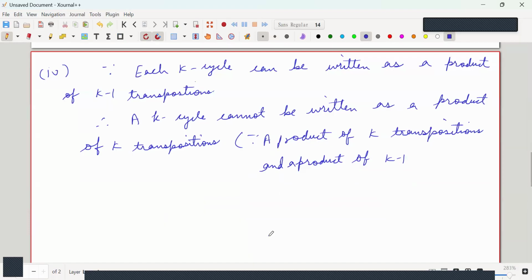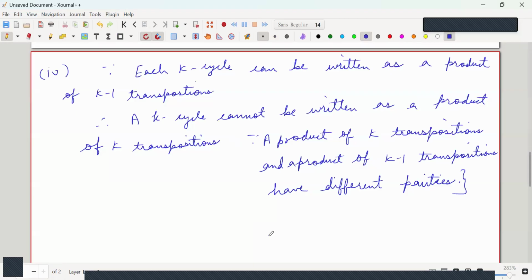A product of K transpositions and a product of K minus 1 transpositions have different parities, right?